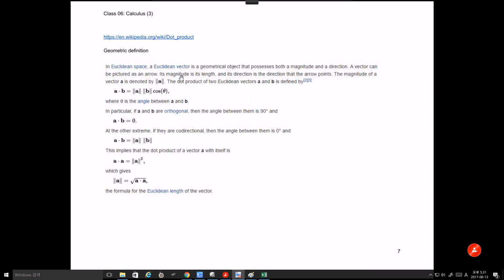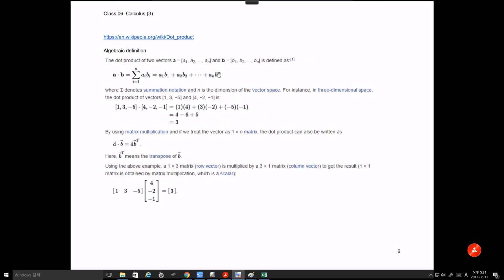The magnitude of a vector A is denoted by norm A. We read it as norm A. So it is the distance of A, the magnitude of A. Now the dot product of two Euclidean vectors A and B is defined by A dot B equals the length of A multiplied by the length of B and the cosine of theta, where theta is the angle between A and B. In the previous case, I defined A dot B as a sum product.